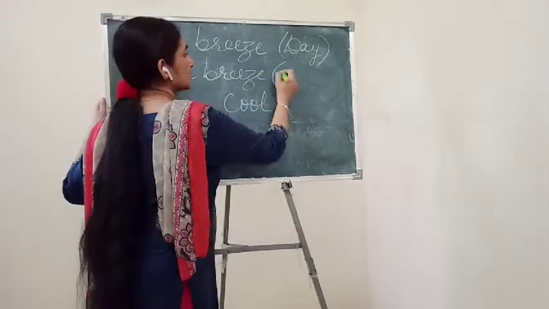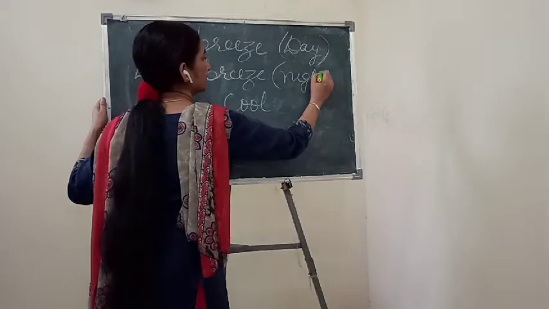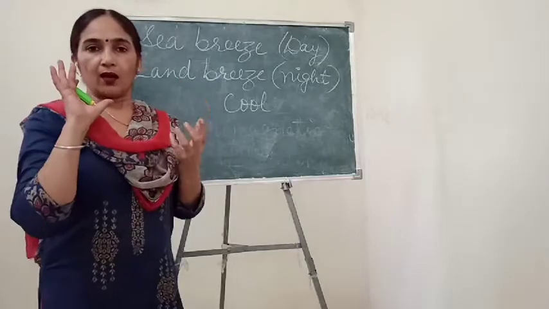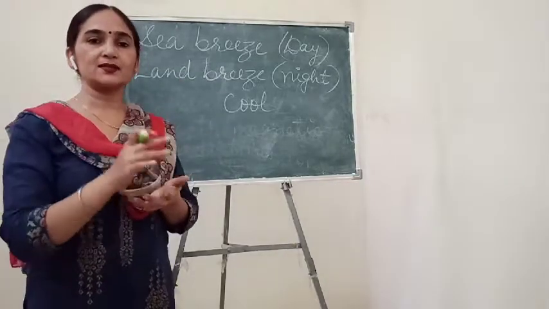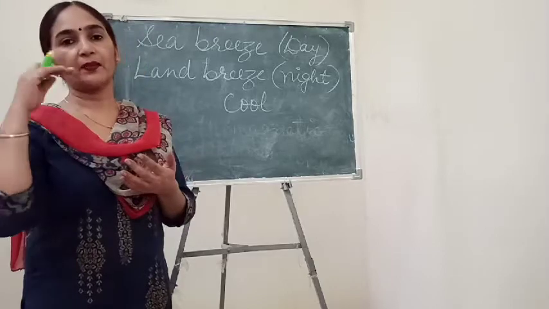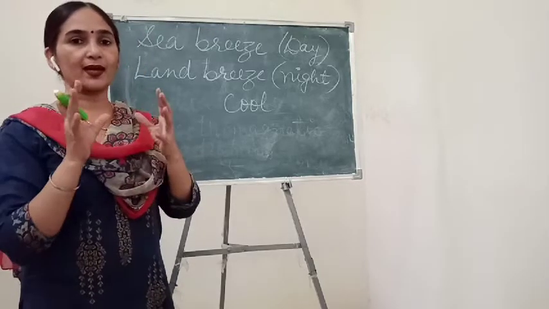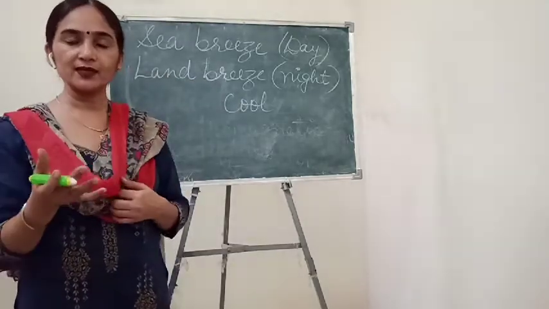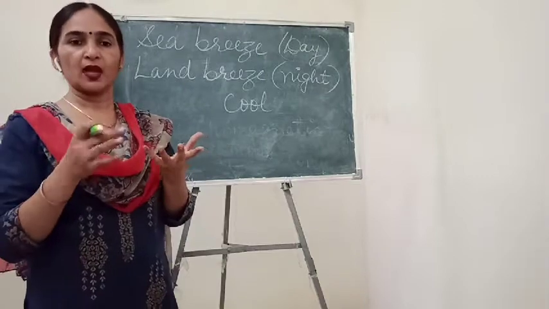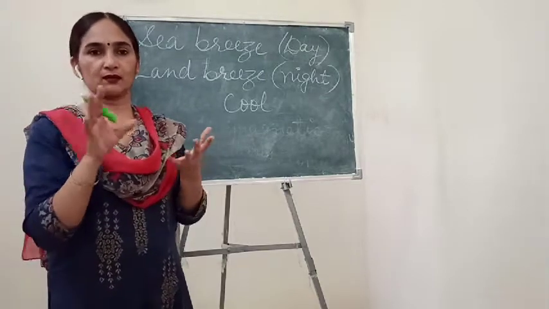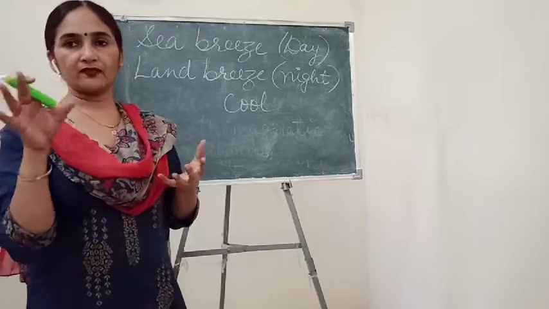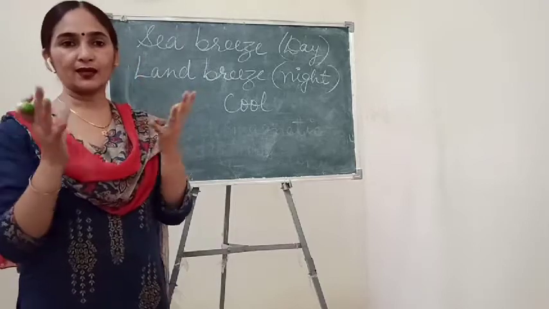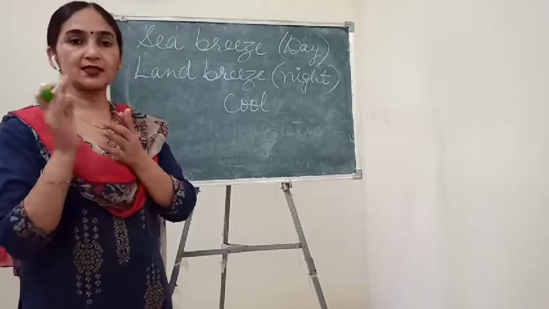But it is just opposite during night. During night, what is happening? The land is cooler as compared to the sea area, because water has a quality that it does not get cool very easily and does not get heated very easily. And due to heating the whole day, the air above the sea always shows hotness during the night time as compared to the land area.